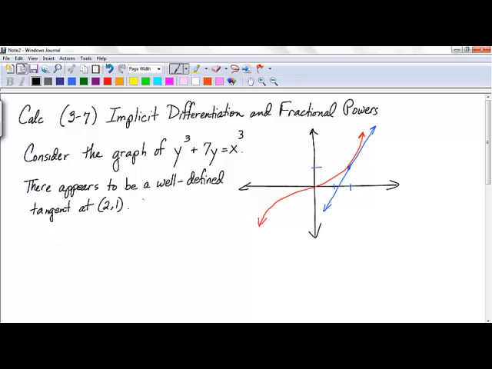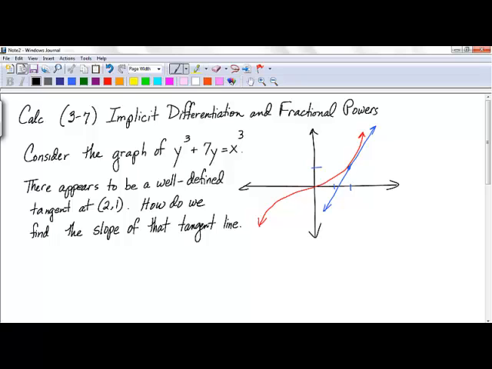Okay. How do we find the slope of that tangent line?